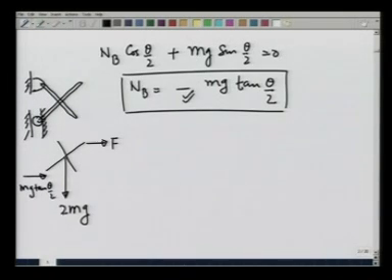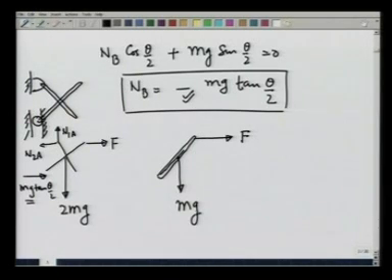Notice that because of the negative sign I have already corrected the direction of NB, and there are N1A and N2A. Now to calculate F, I look at one of the rods individually. Here is a force F pulling it this way, its own weight mg pulling it down, the normal reaction here which we have just calculated, mg tangent theta by 2, and the normal forces due to the pin, let us call them N1 and N2.